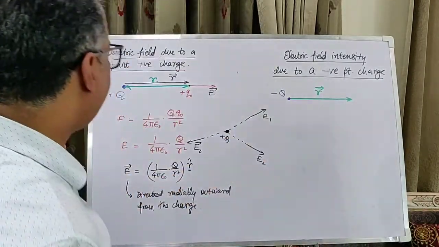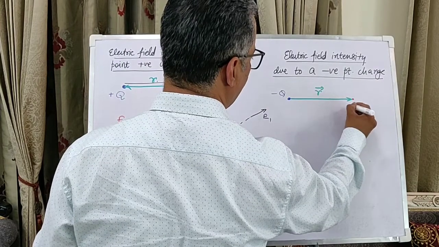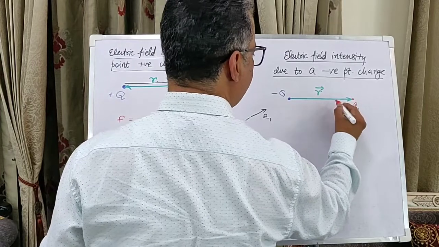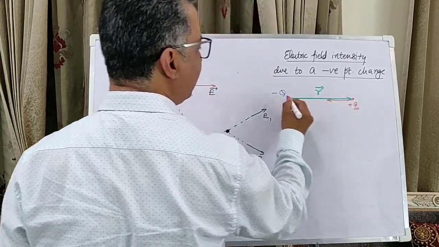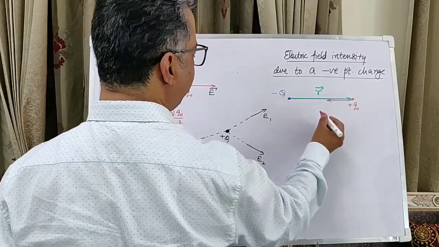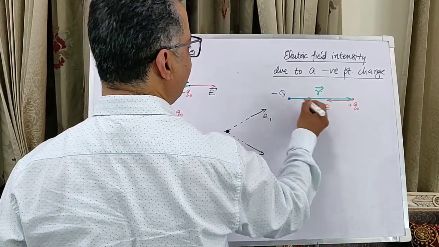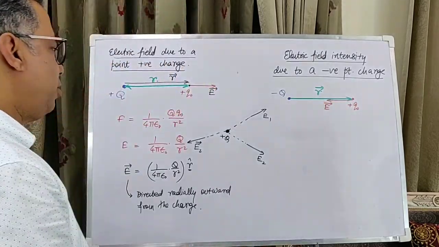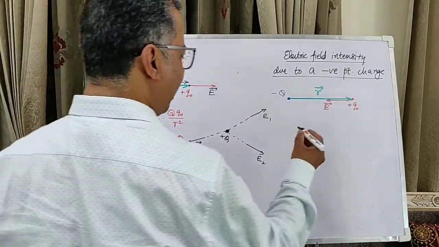To calculate this electric field, we place a positive test charge Q naught here. The force that it experiences will be directed towards this negative charge. It will be an attractive force, and therefore the electric field is directed towards the charge now. The magnitude of this field can be pretty easily calculated.